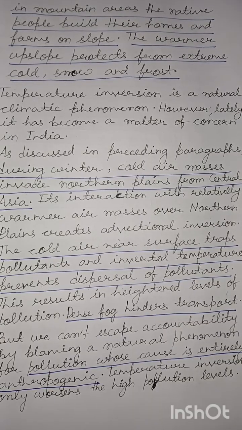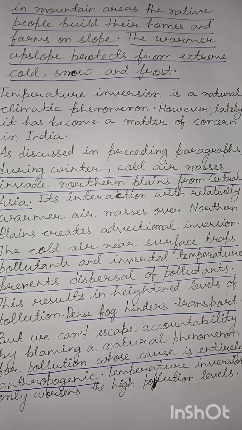So this was all on temperature inversion, which is actually a reversal of the normal behavior of air, where in temperature inversion, the layer near the ground is colder than that above it.